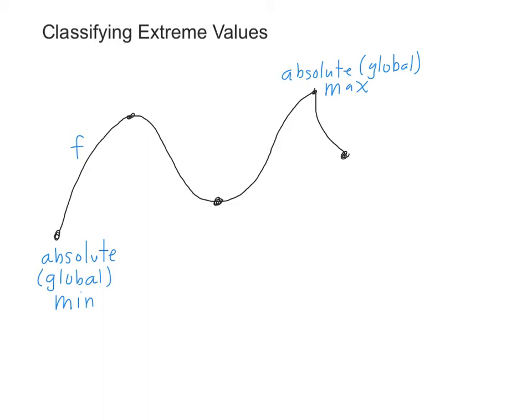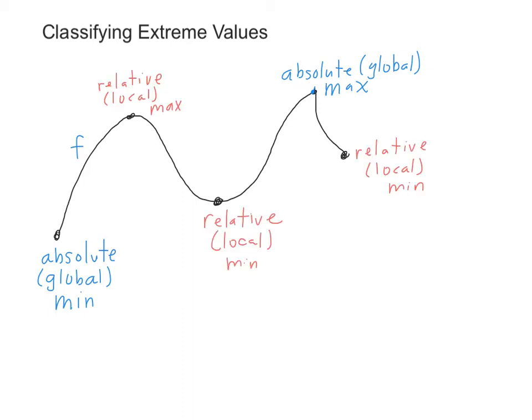It is the absolute lowest and the absolute highest points that we see. Sometimes we call them a global min or a global max, but usually they're referred to as absolute min and max values. Okay? Now, don't be confused by the fact that this absolute max occurs at a sharp turn. Yes, it's true its derivative doesn't exist there, but it could still be the absolute highest point on our function.